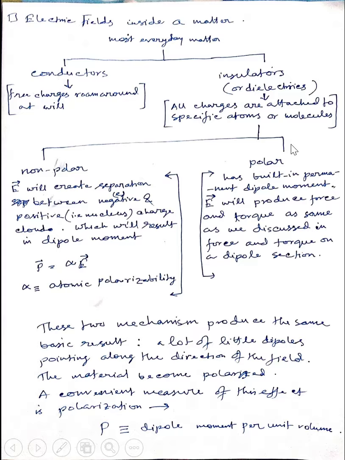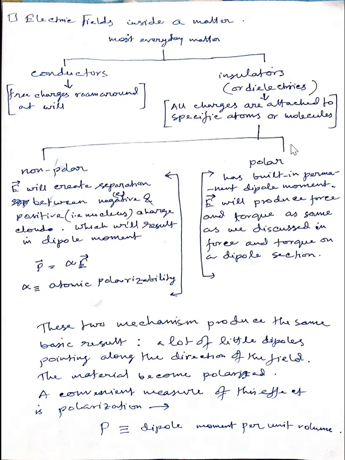But for dielectrics, it is considered that all the electrons, or you can say charges, are attached to some specific atoms. I mean, they are not free actually. In other words, you can say they are bound to somewhere.